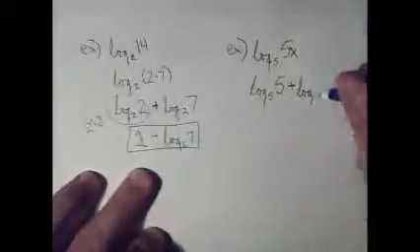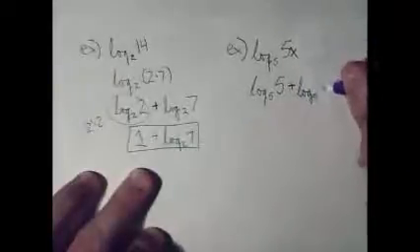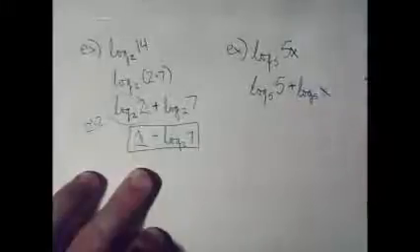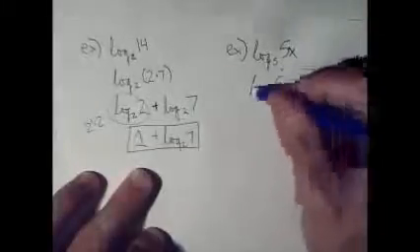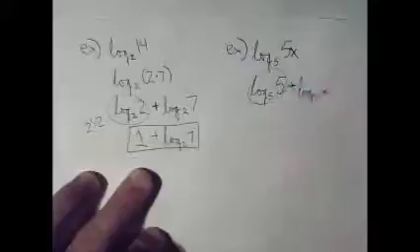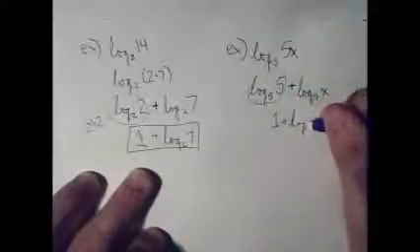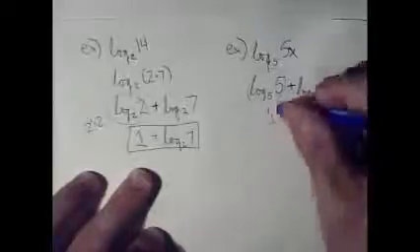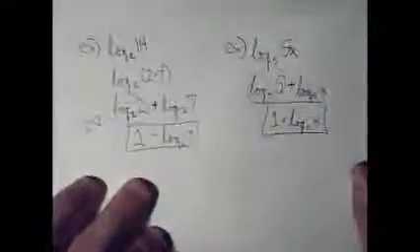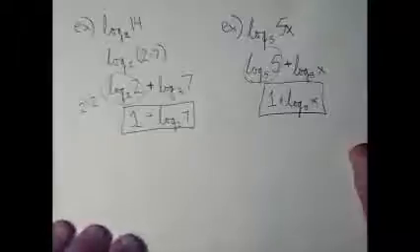Logarithms are exponents. When I'm solving for exponents, log base 5 of x. Well, where this is convenient, log base 5 of 5, when my base equals my exponent, is 1, plus log base 5 of x. The same way that I can split these apart, I can put them right back together.